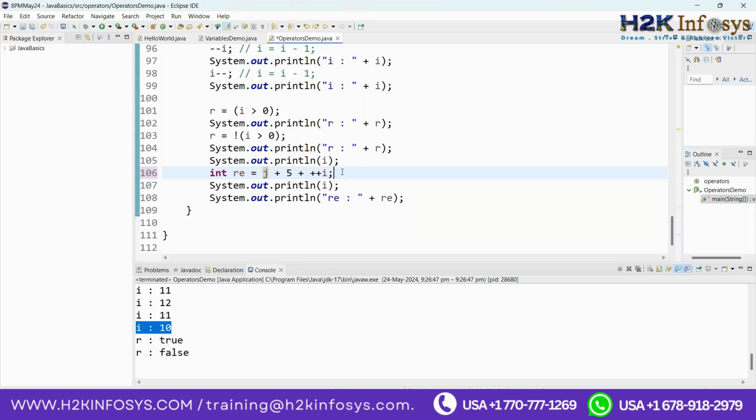So you mean to say after this expression re would be 31, correct? Because you have 15 plus 5 is 20, 20 plus 11. Yes, 31. Anybody for any other value?